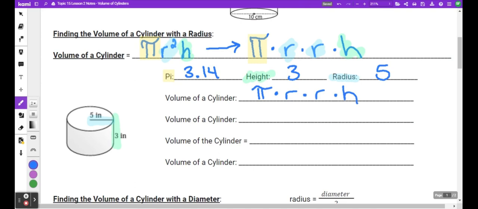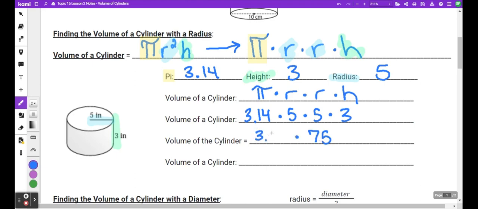So again, pi, we are going to be using 3.14. The radius in this case is 5 times the radius again, times the height, which in this example is 3. And then I like to multiply all the whole numbers first. So 5 times 5 is 25, and 25 times 3 is 75.